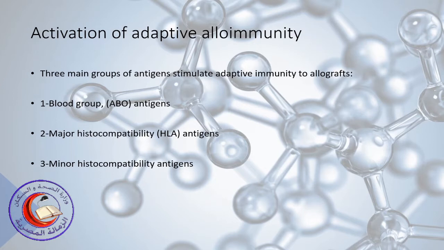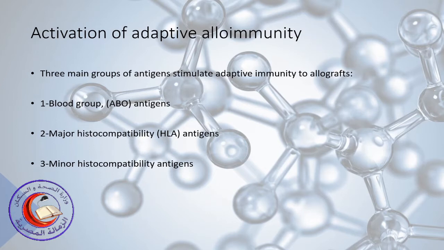We said that the antigens can be derived from pathogens, which I'm not interested in for the moment, or from allografts. There are three groups of antigens that can arise from allografts and lead to rejection: the ABO blood group antigens, the major histocompatibility or human leukocyte antigens, and minor histocompatibility antigens.